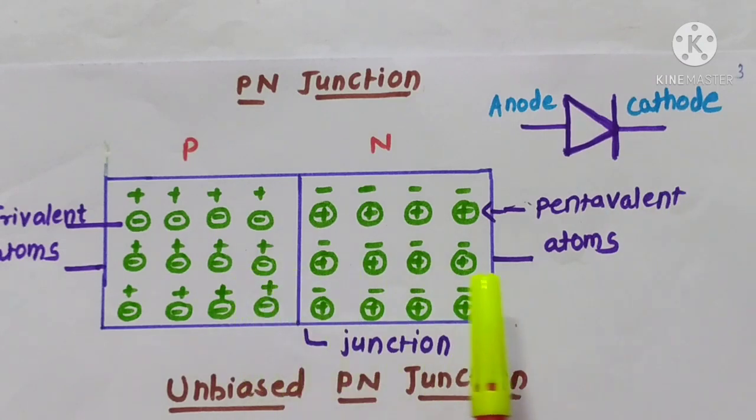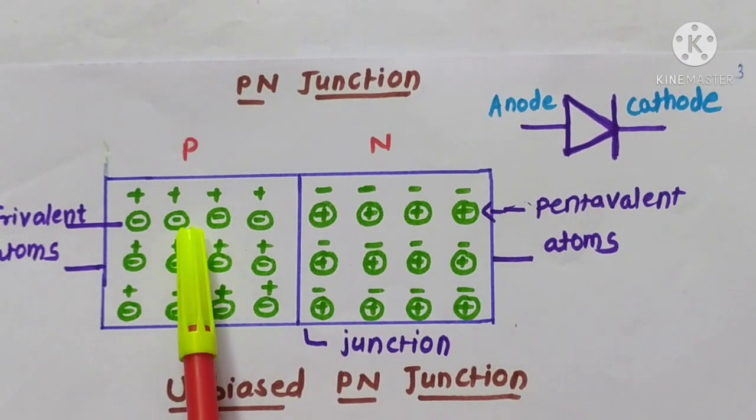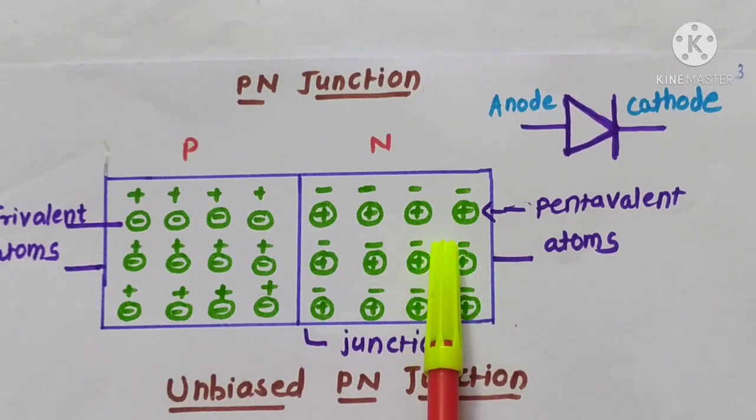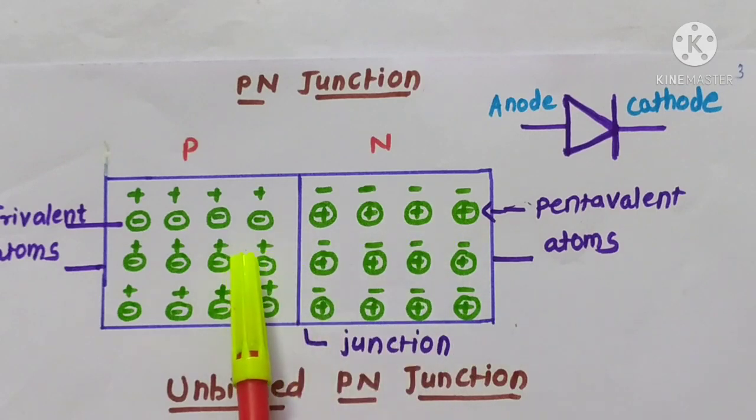Students, you can see in this diagram at the left side this is p and at the right side this is n-type semiconductor, meaning a doping procedure is followed, and due to that doping we get this new device.